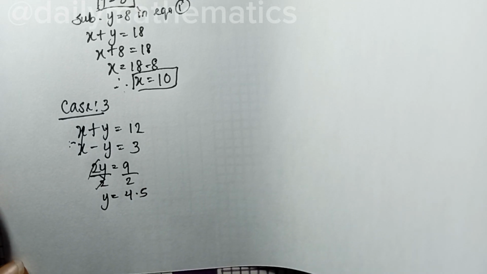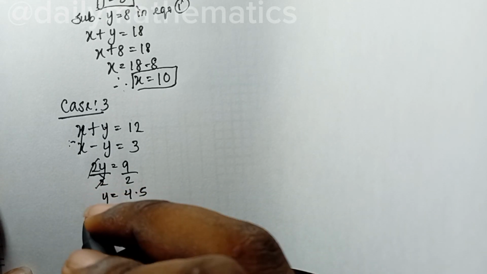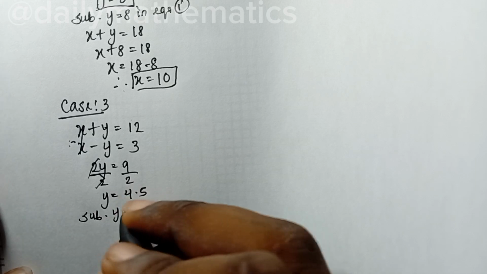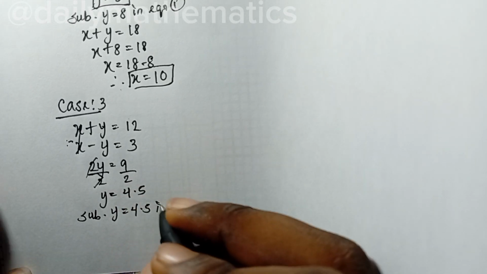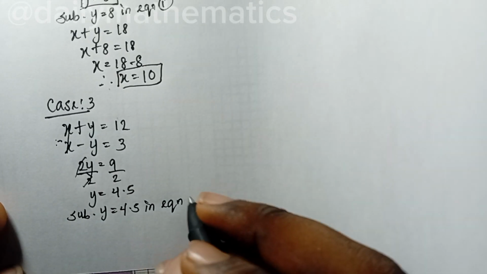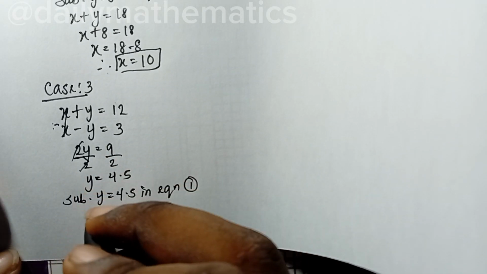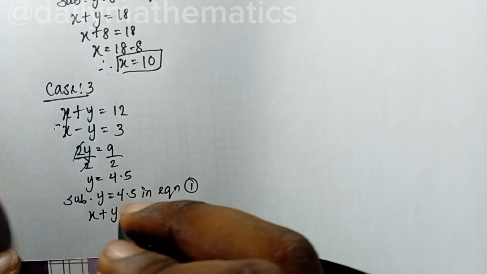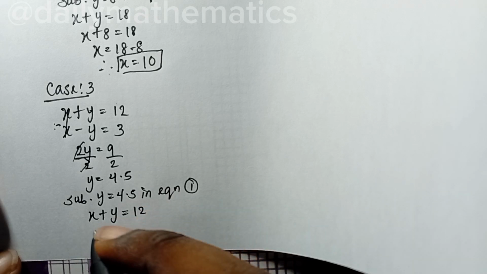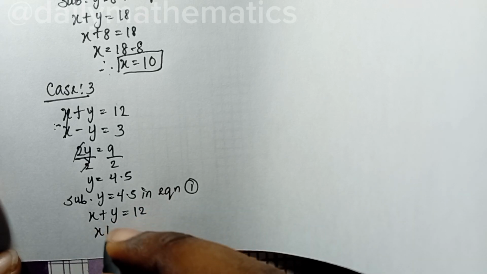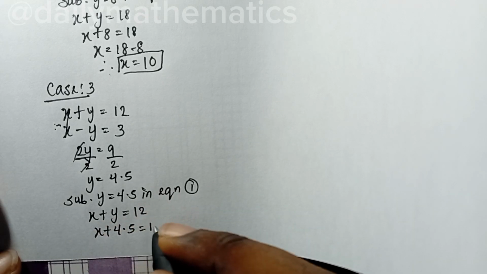All right. Since y equals 4.5, we substitute that value of y in equation 1, that's this first one. So here we have x plus y equals 12, that's x plus 4.5 equals 12.